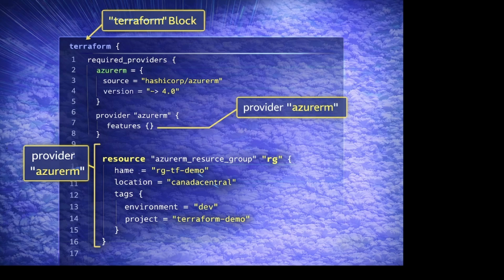So conceptually, this code is just saying: Terraform, use the Azure provider, connect to this subscription, and create a resource group in Canada Central with these tags. That's it. No clicking in the portal, no manual setup, just code, Terraform, and Azure.